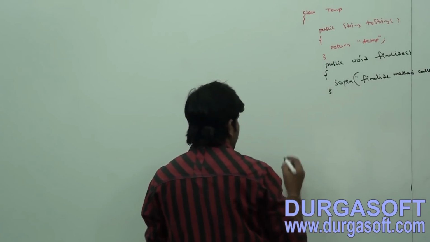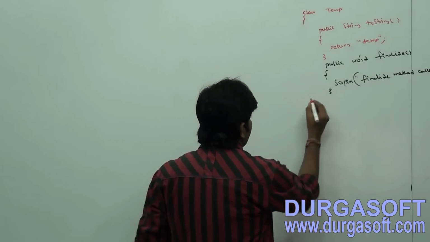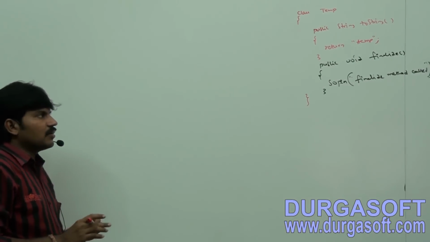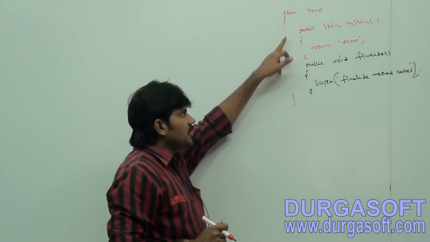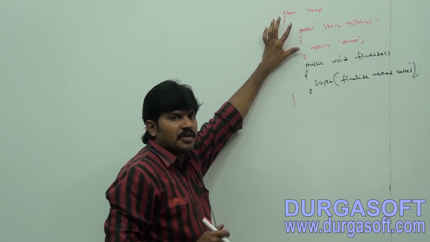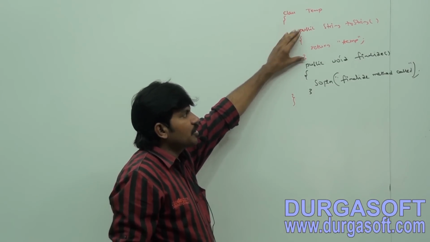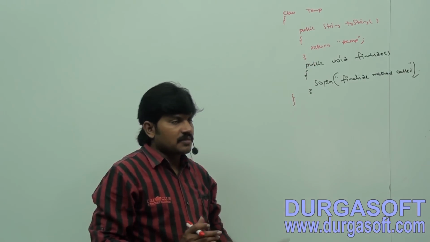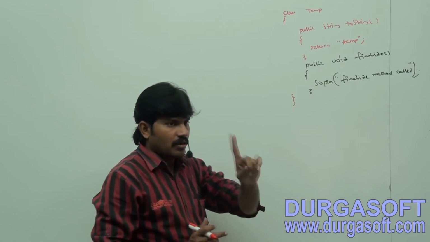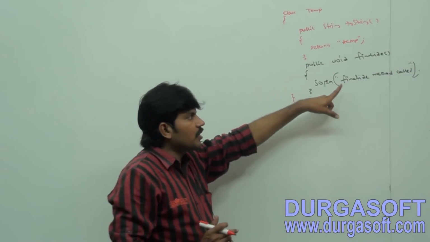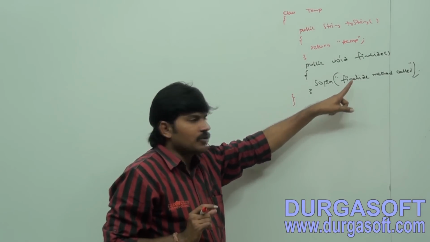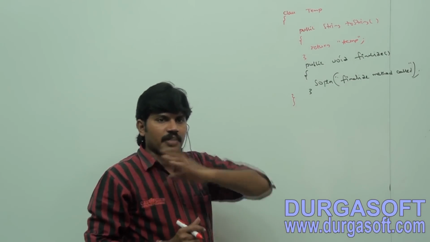Are you able to understand? So this Temp class contains how many methods? Two methods, the toString method and finalize. If the Temp object is destroyed by GC, then automatically the finalize method will be called. That is the guarantee. If I can see this line, it means the Temp object was destroyed by the garbage collector, right?